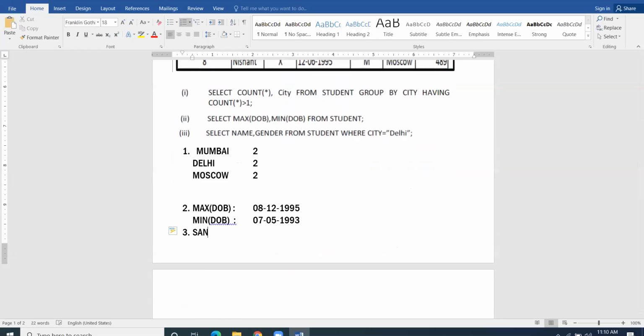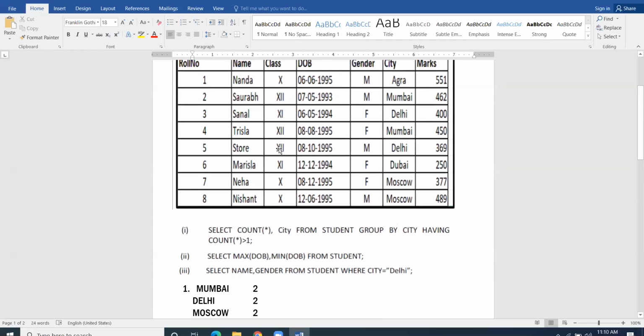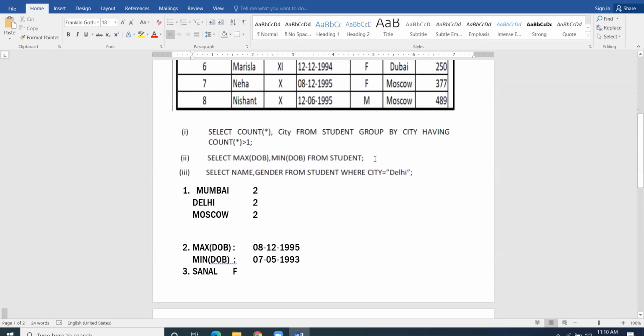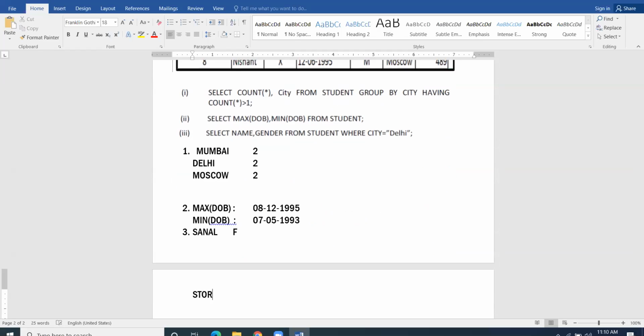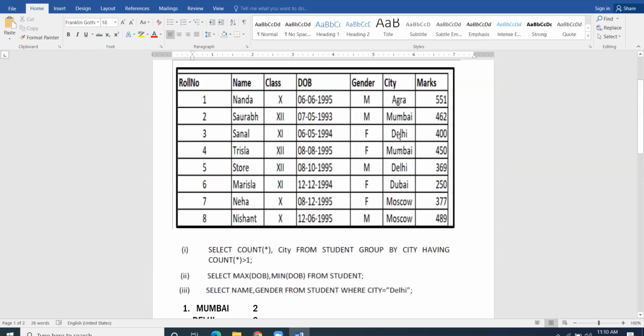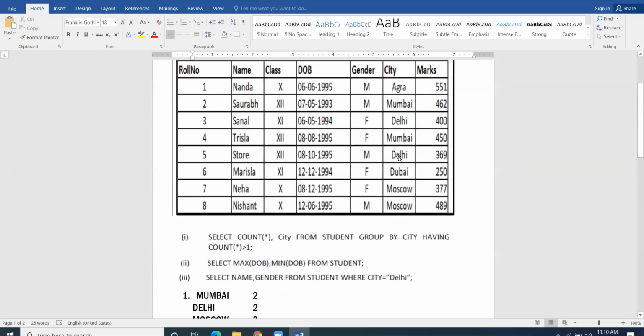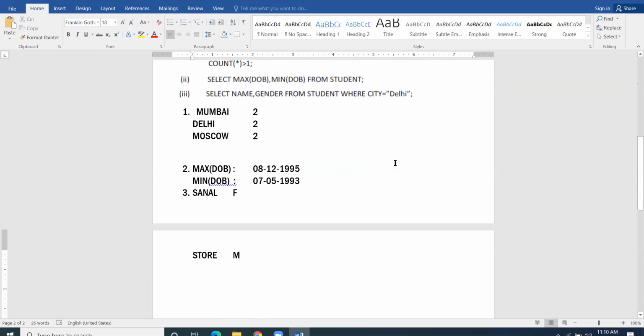So the first entry is Sanal and the gender is female. For the next entry, Store, male. The name is Store and male, right? So two candidates are there who have city Delhi, so both the candidates will be coming into our answer, right?